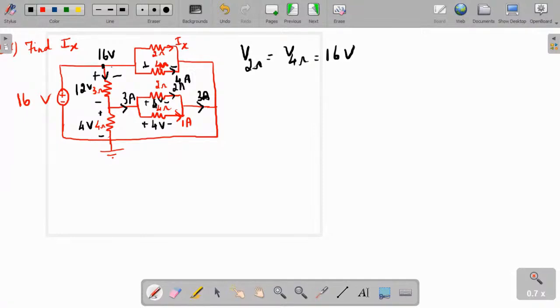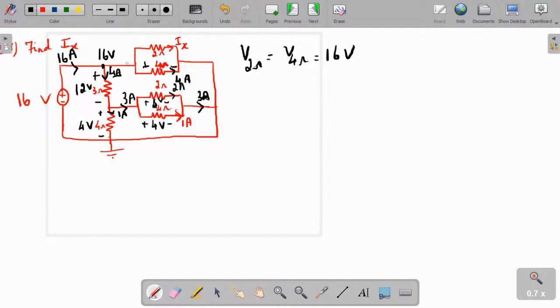And what is the current here? It is 4 ampere. Here there is no resistance, so 16 amperes current will be flowing and 4 ampere gets split here. So out of 4 ampere, 3 ampere goes here, and the remaining is 1 ampere of current.